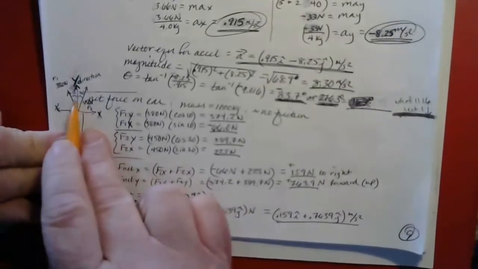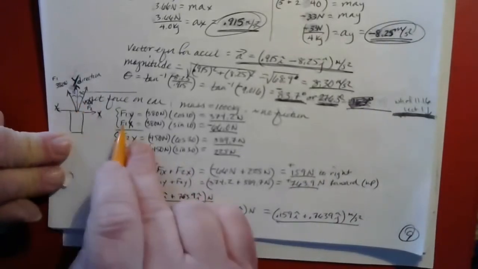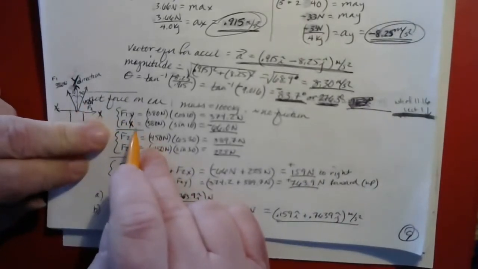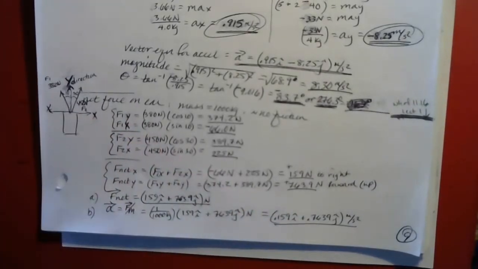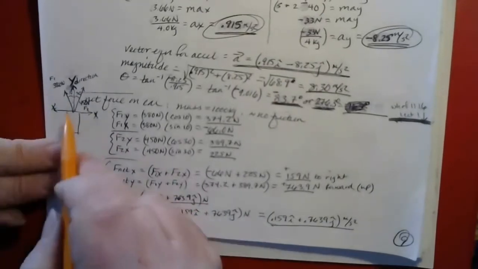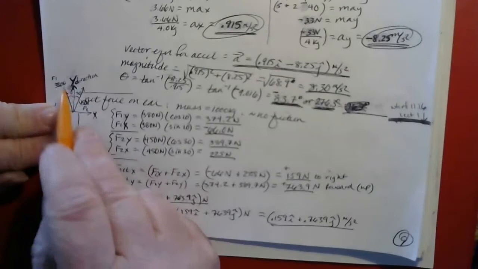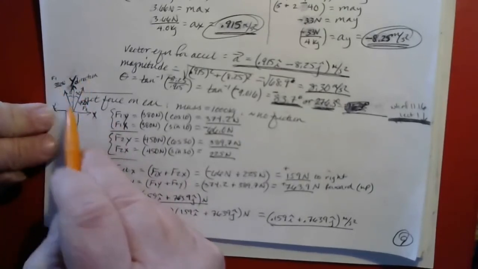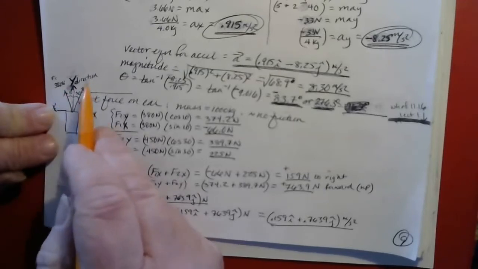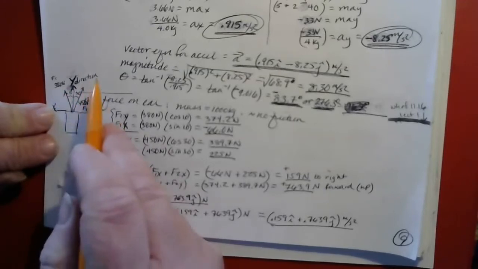Well, we can look at F1 and F2 and find their X and Y components. That's what we really need to find, because both forces basically pull the car forward, but force one also pulls it a little bit to the left, and force two pulls it a little bit to the right.